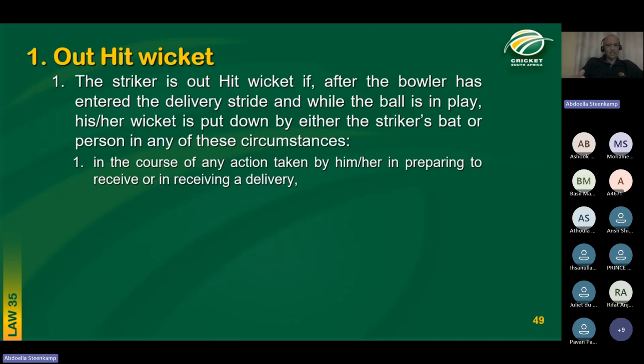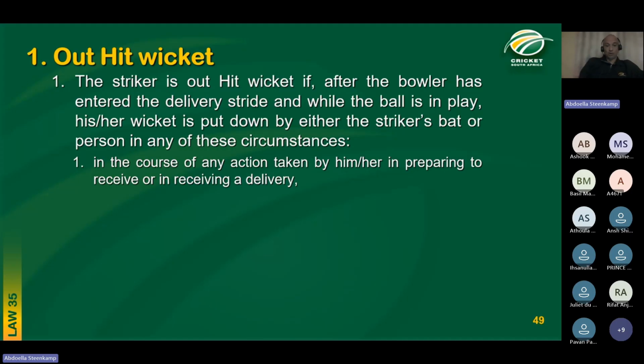So all the law tells us is, after the bowler has entered his or her delivery stride, any course of action. So if the batter goes back and across and goes onto the stumps, putting the bails down. Or while the bowler is running in after entering the delivery stride, the striker now has a back lift, and that back lift, in lifting the bat up, hits the stumps and the bails are on the floor.